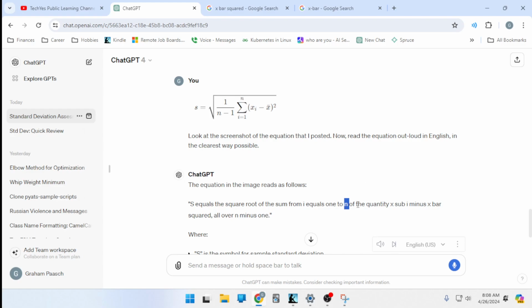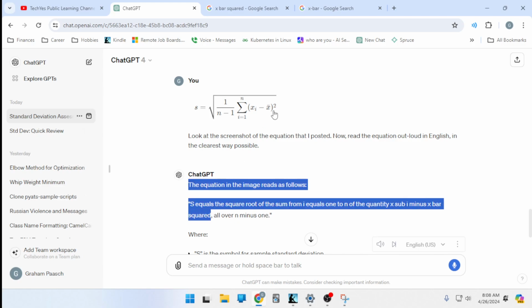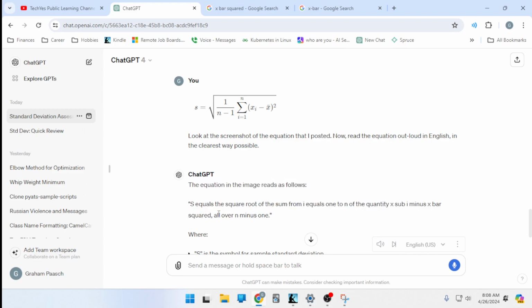Oh, of the quantity. Interesting. X sub i minus x bar squared, all over n minus 1. Wait, what?